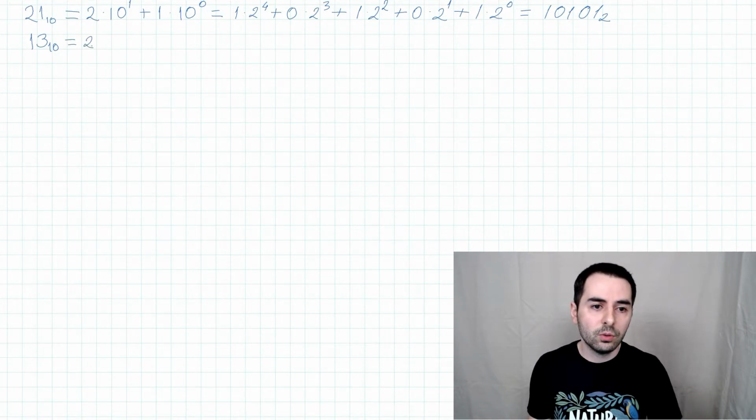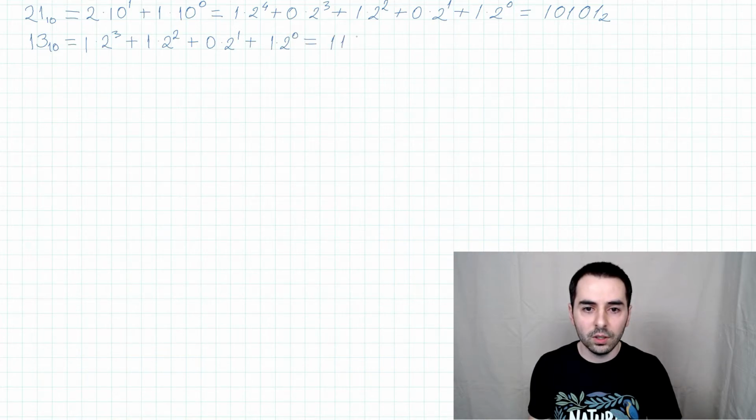So it's 1 times 2 to the power of 3 plus, we need 4, so 1 times 2 to the power of 2, and then plus 1. If we write the factors, it's 1, 1, 0, 1 in binary.